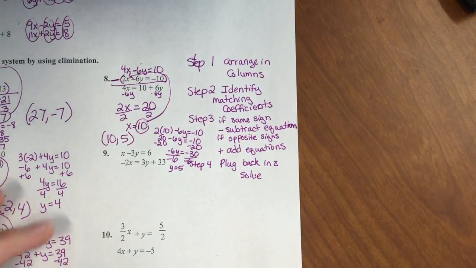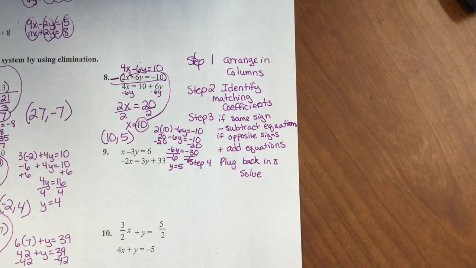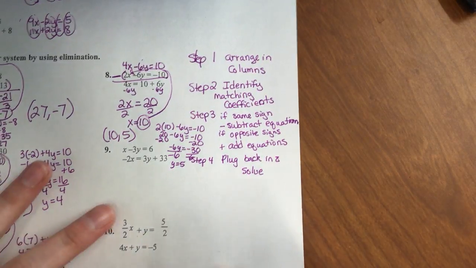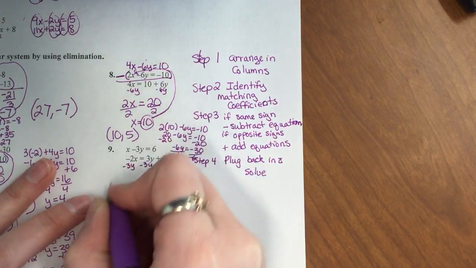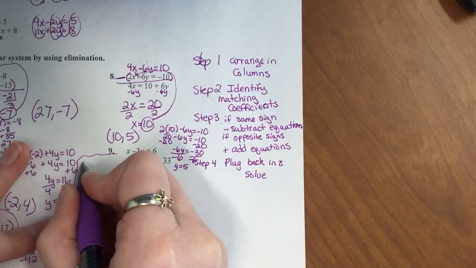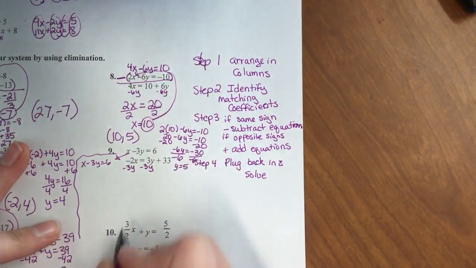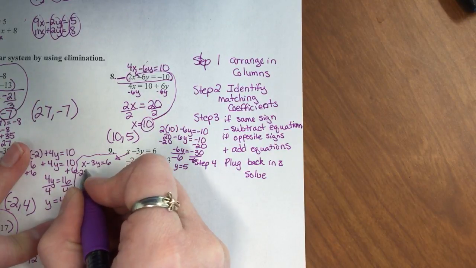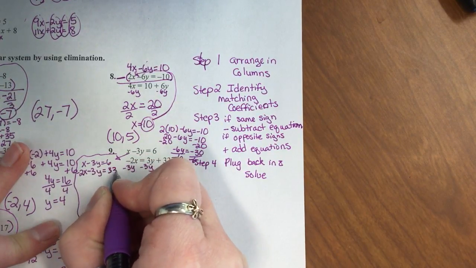Okay, everybody try 9. First step, arranging columns. Minus 3y, minus 3y. So we have x minus 3y equals 6. That's just that one. Okay, negative 2x minus 3y equals 33.